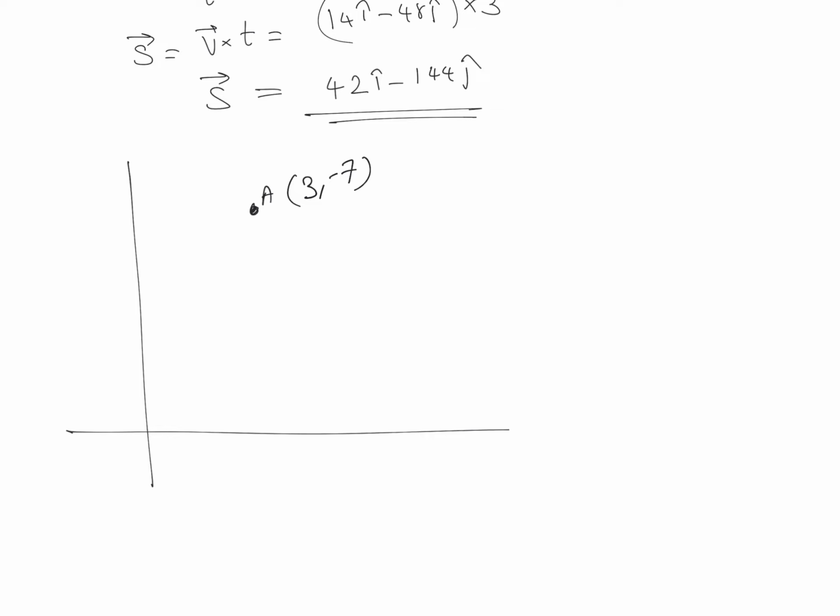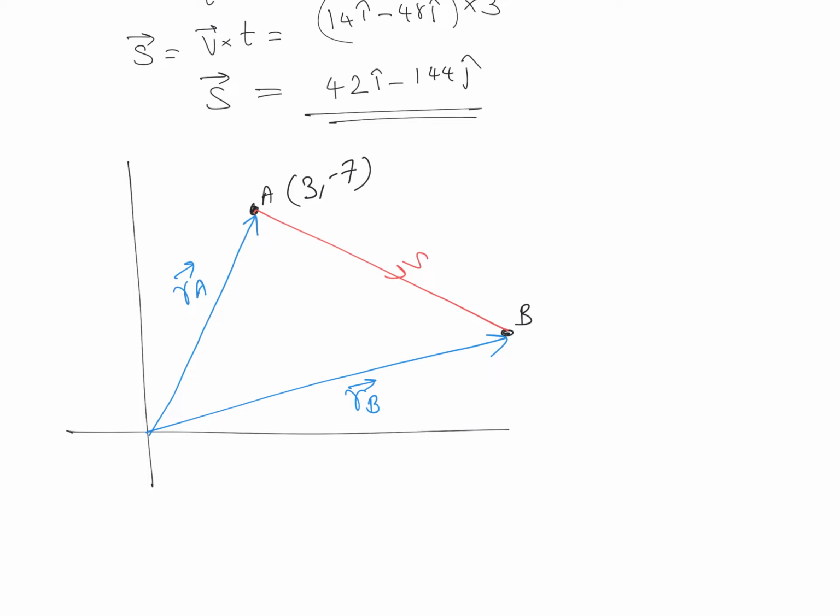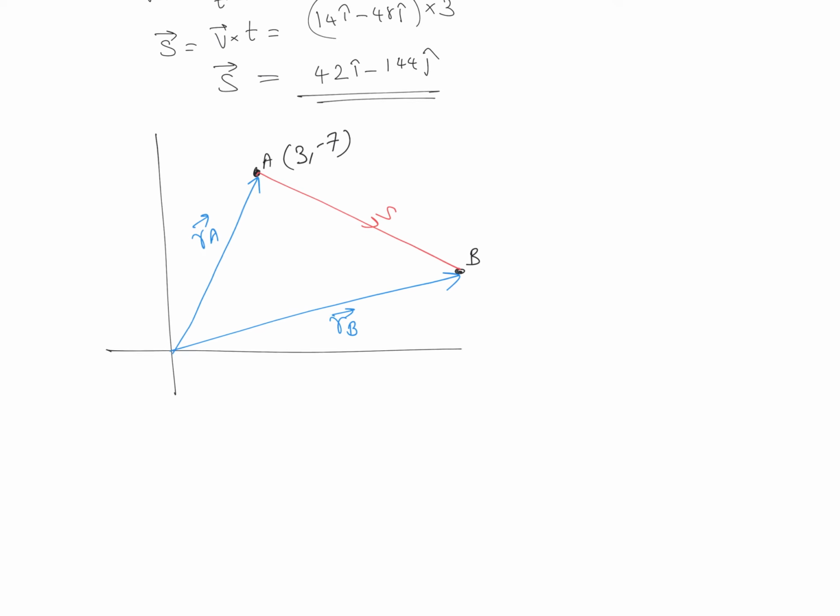After some time it is displaced by some distance, take it as S, and it reaches point B. Our aim is to find the position vector for point B. Let's say that is represented by RB vector, and its initial position is represented by RA vector. So our aim is to find the value of RB vector.